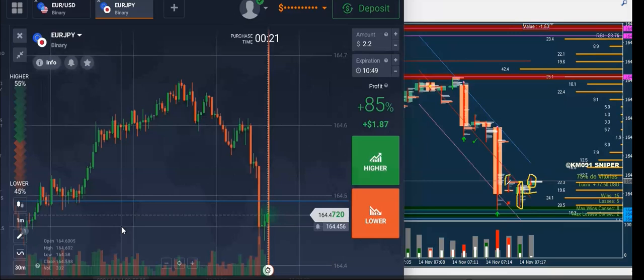Here, everywhere the sellers are strong, so there's no need to place the buy trade either. Got the reasons not to place the buy and not to place the sell?